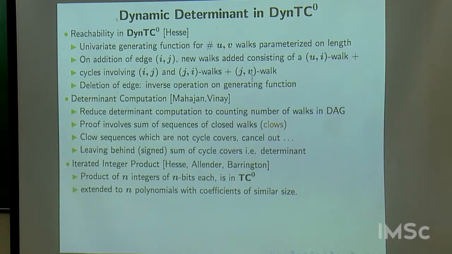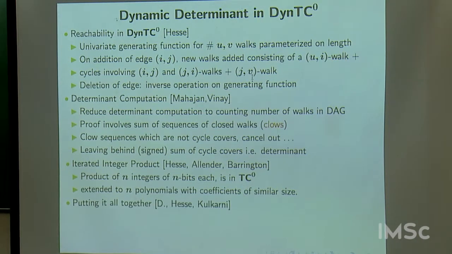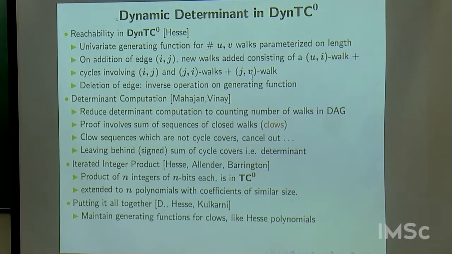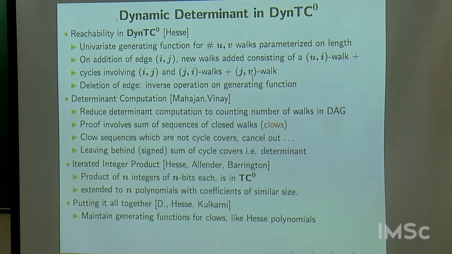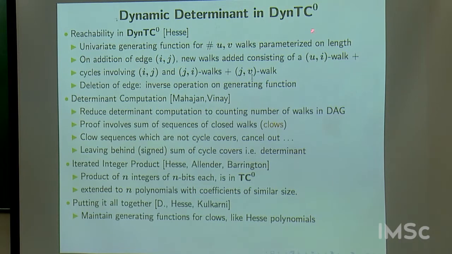Okay? So with these three components in hand, we put them all together, and the idea is just to maintain a generating function for closes. So instead of maintaining generating functions for arbitrary UV walks, we maintain them for closes, like Hesse polynomials. By Hesse polynomials we refer to these univariate polynomials.